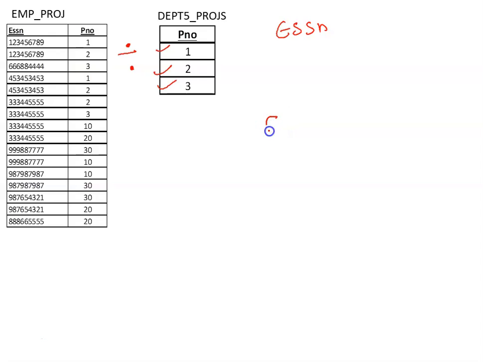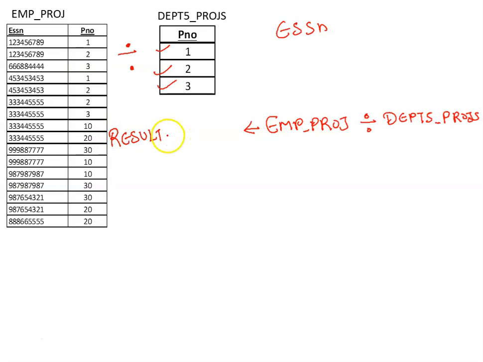So my query would be EMP underscore project divide by department 5 projects, which gives me the ESSN. So I store this into a temporary table, result EMP SSN. So this is a list of those employee ID who are working on all the projects controlled by department 5.